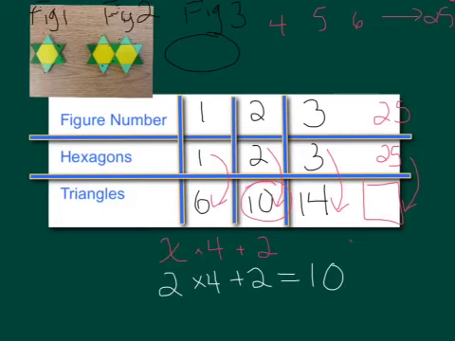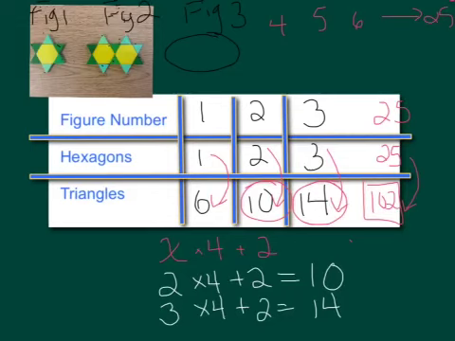Let's try it on the next one. 3 times 4 plus 2 equals, and we're hoping that it's going to equal this 14 here. Let's try it. 3 times 4 is 12 plus 2 equals 14. So we figured out our pattern rule, and we know that the 102 we came up with is the right answer.